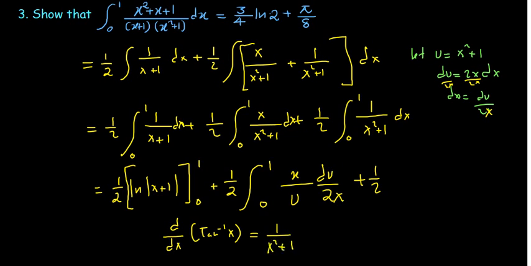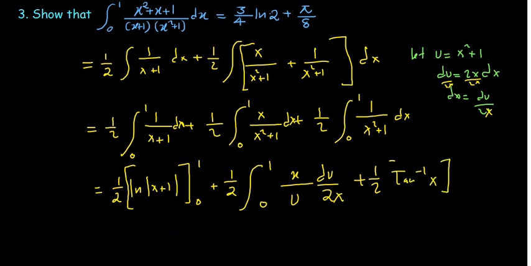So when you integrate this one, you are going to get back this one. That is the relationship, because integration is simply antiderivative. It is just going against differentiation. And so therefore the integral of 1 over x squared plus 1 is tan inverse of x.